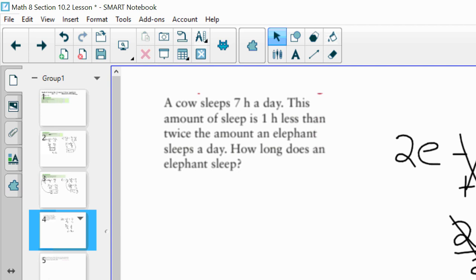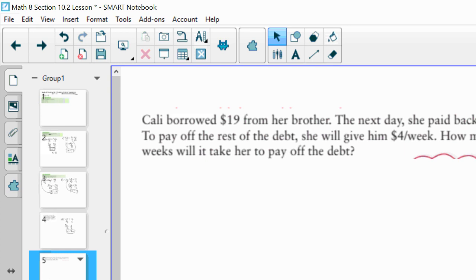Okay, so how could we find it? What they'll want you to do is write an equation for this. And it's a good thing to practice. Even if you could solve it without writing the equation, it's a good thing to figure out what that equation is. So she's going to be paying $4 every week, so 4 times the number of weeks that she's paying, which we don't know.